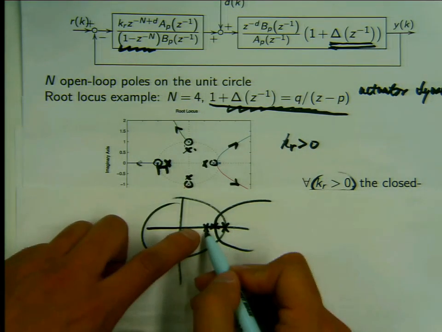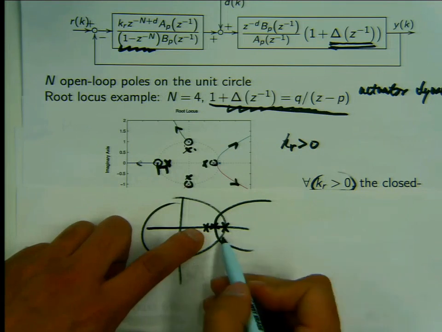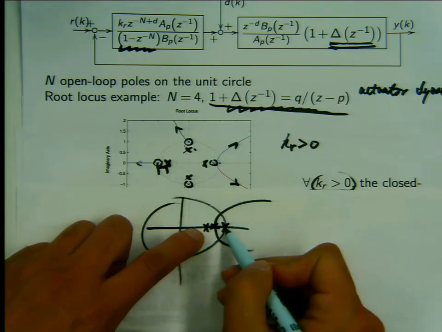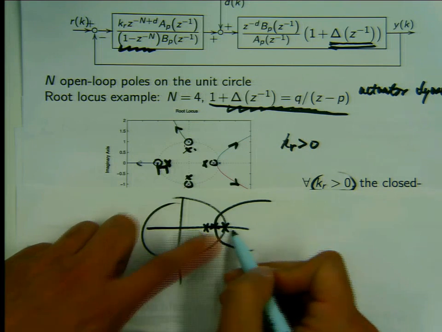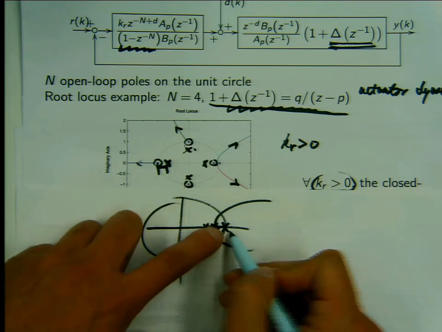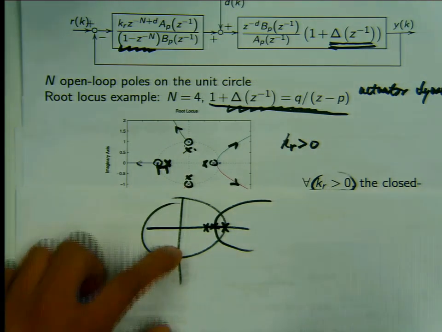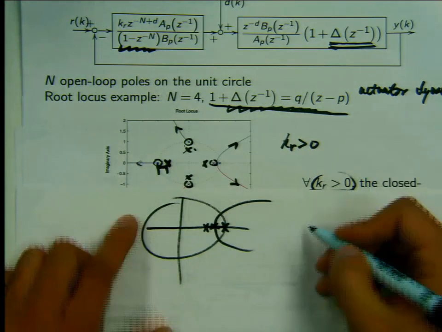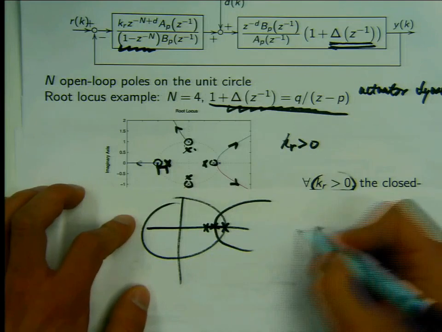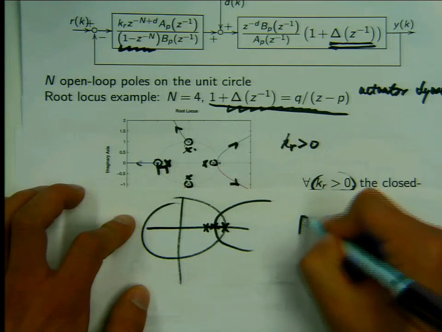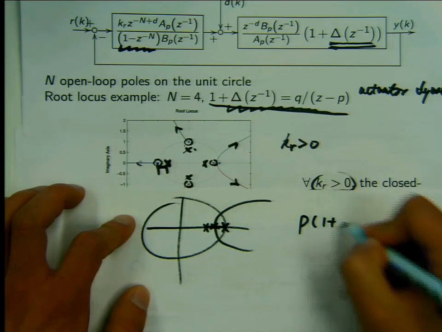You mean this pole might be here? You mean this pole might move to 1.1? Not in this particular case. When we talk about uncertainty, for example, I say the plant is P1 plus delta.